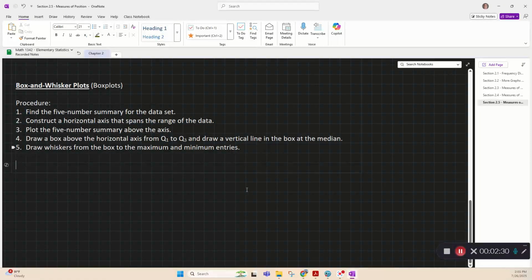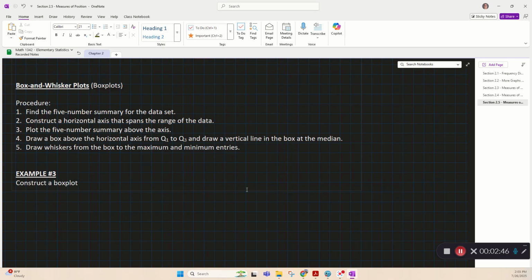So with that said, let's look at example number 3. It asks us to construct a box plot for the data in example 1.